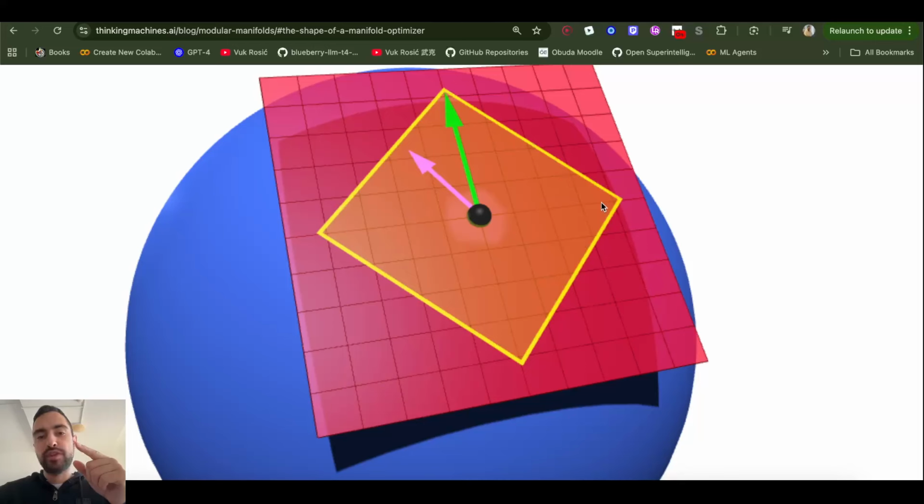As I said, we need to move on this plane. And depending on how we measure distance, L1 or L2, we're going to use different methods of deciding where to move. So in this case, because we are using L1 distance, we're going to move in the same direction as the gradient, but we want to move at the place where we can make the furthest step.